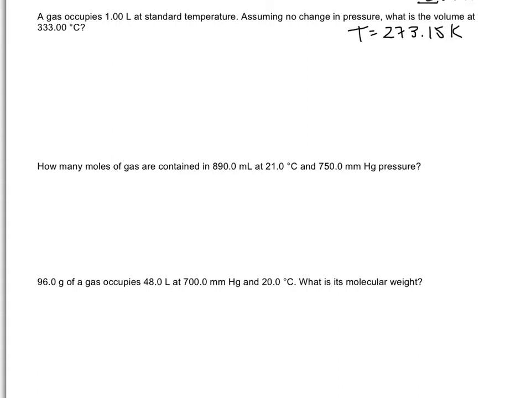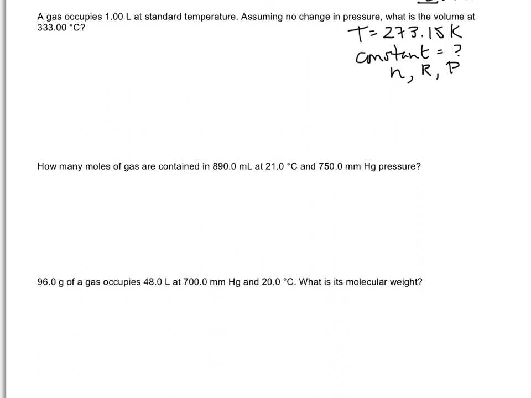In this case, what is constant? The number of moles is constant, R is constant, and P is constant. So we're assuming no change in pressure from the start of our problem to the end of our problem. So what we're going to do is take the ideal gas law and rearrange it so that the things that are constant are on one side and everything else is on the other side.